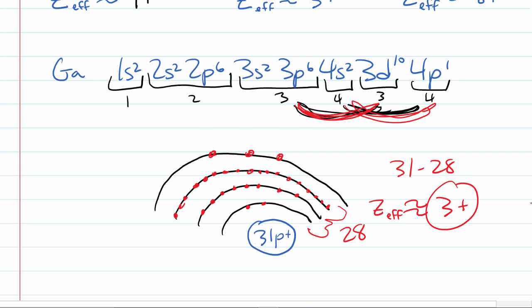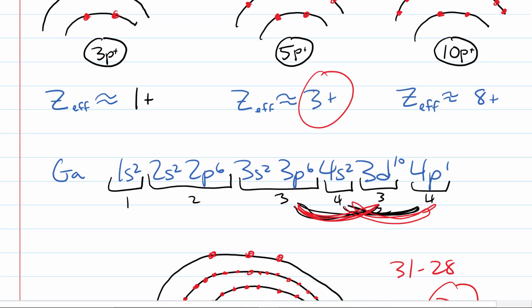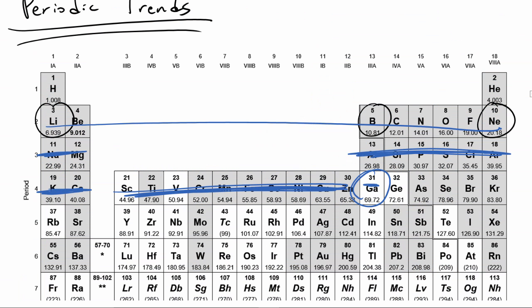Of course, this effective nuclear charge of 3 positive matches that of the boron here, which also saw an effective nuclear charge of 3 positive. Basically, all of them in this group are going to see an effective nuclear charge of about 3 plus.